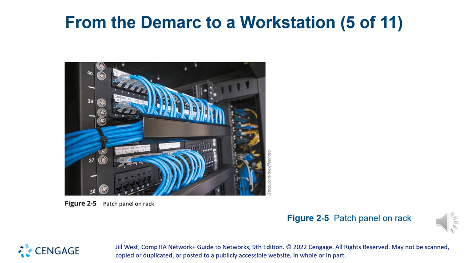Most of the patch panels are 19 inches in width, so that's a standard. There are two standards, but the one that is mostly used is the 19-inch racks, and also the height of the rack.